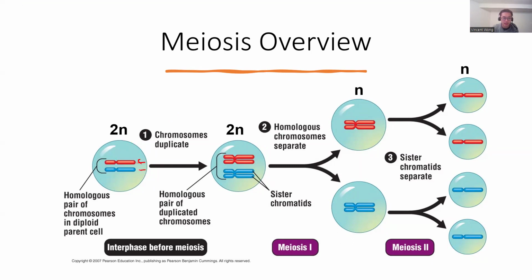If that's 1 set, that's another set. And over here, after you do DNA replication, it is still 2 sets, but now the chromosome has a copy of itself, sister chromatids. And then you separate them, so you have 1 set, and then you separate again, and you have 1 set each.